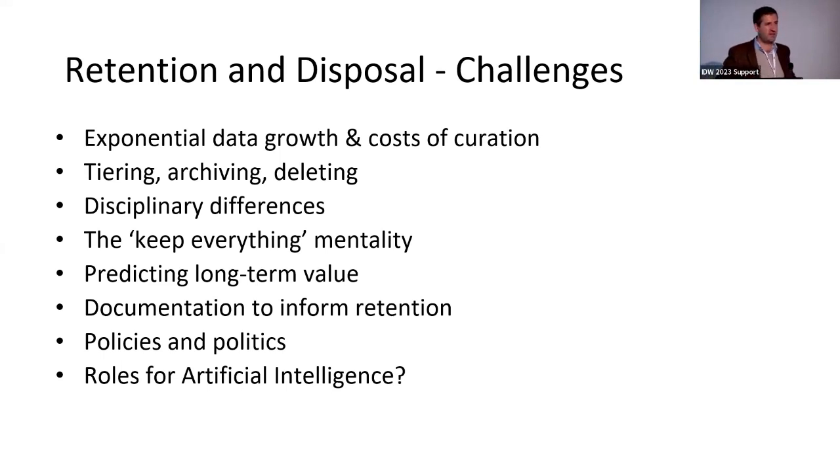Different disciplines, certainly in my experience, have very different attitudes towards the data they gather, what needs to be retained, and what can be removed. Something that's common across a lot of disciplines is the keep-everything mentality. If you ask a researcher what can be deleted, the chances are they won't come up with very much.